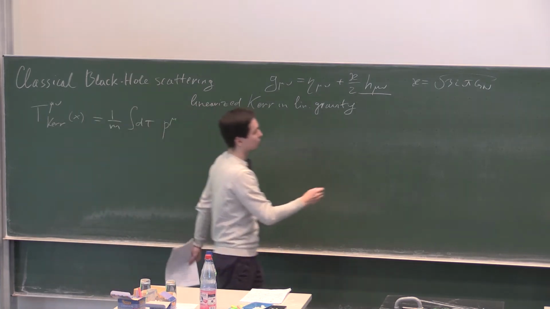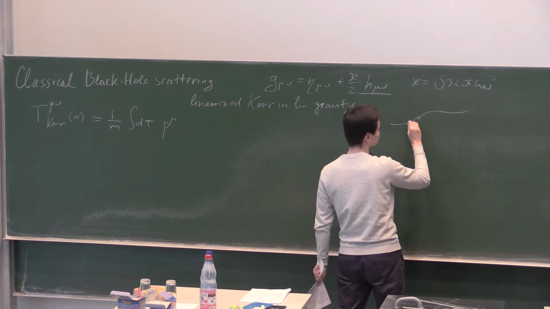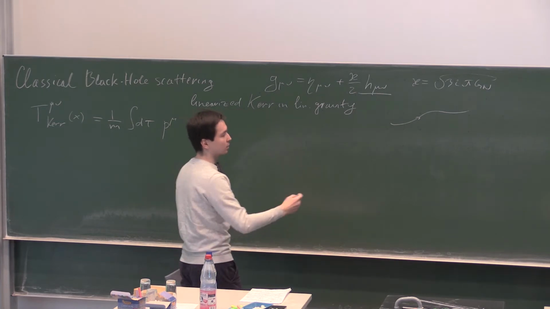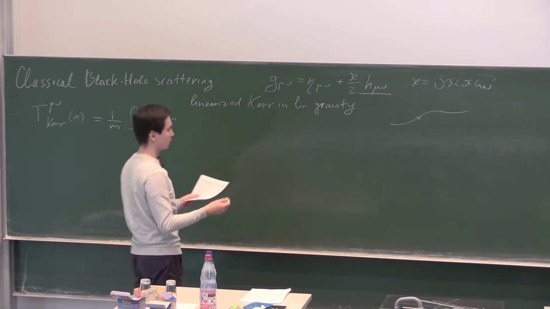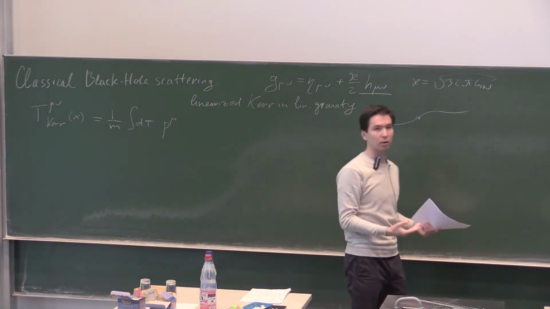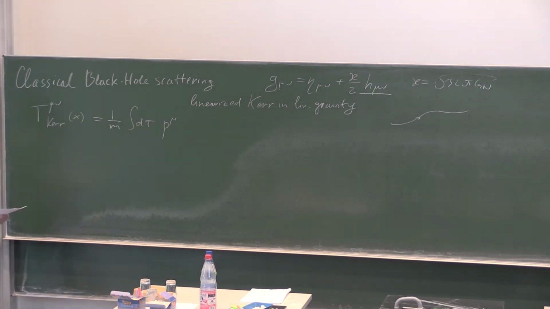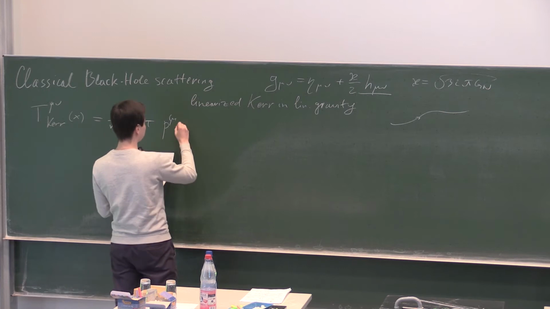So now we're talking about some worldline on which, from very far away, you're looking at a spinning black hole. If it's a Schwarzschild black hole, I would just write a point particle without any spin structure.